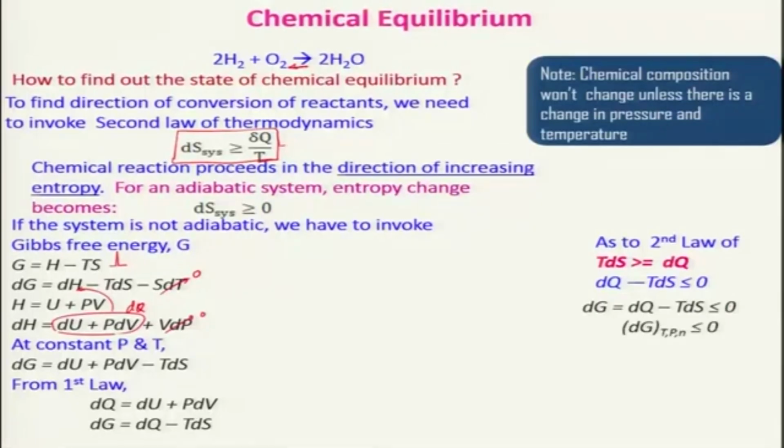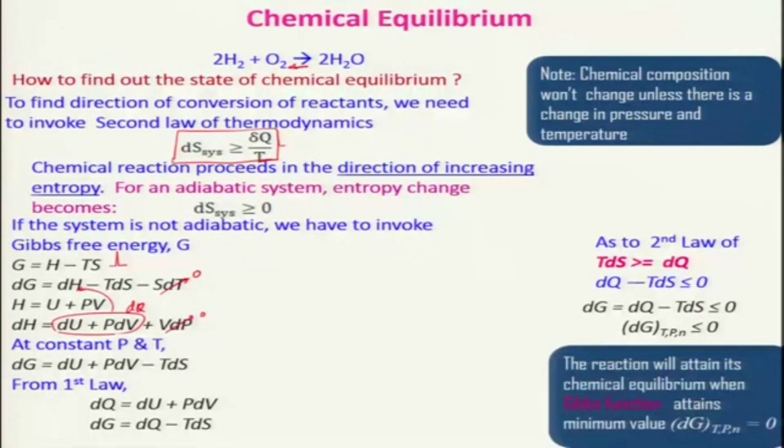It says that the change in the Gibbs free energy at a particular temperature, pressure, and for a certain number of moles will be less than or equal to 0 for the process to occur. It should be less. Therefore, the reaction will attain its chemical equilibrium only when the Gibbs function attains the minimum value, that is, the change in the Gibbs free energy is equal to 0.